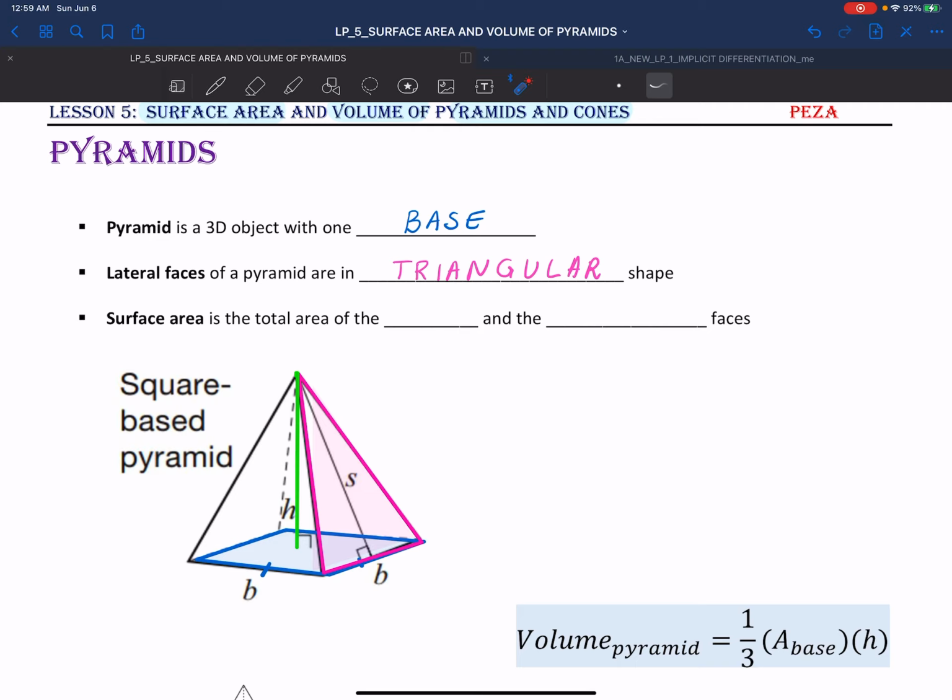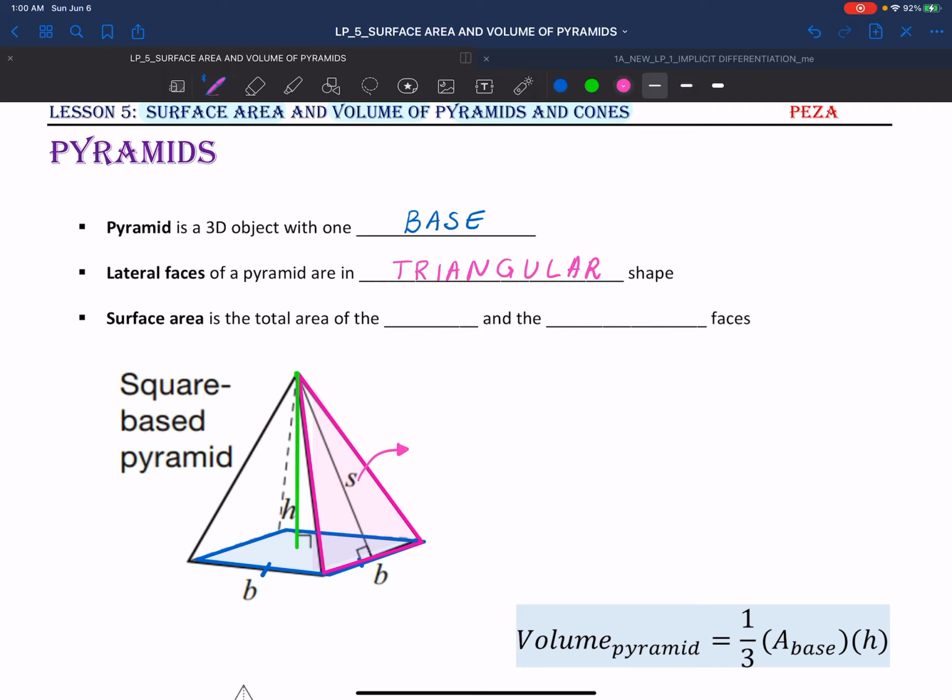Now, I hope that this letter S in here got your attention already. And not sure if you remember the name of it, but if you look at S, it's used to describe or to label this side. Now, this is the height of the triangle that serves as a lateral face on this pyramid.